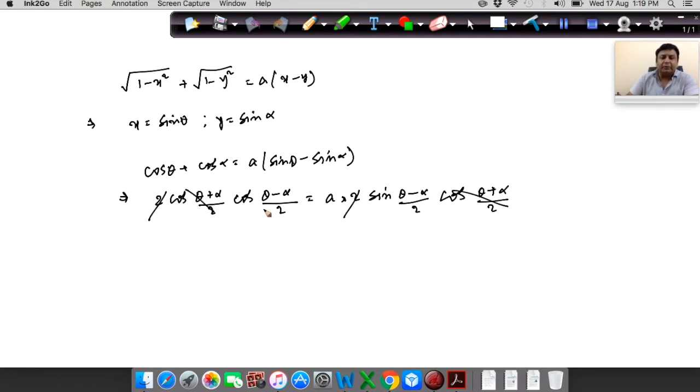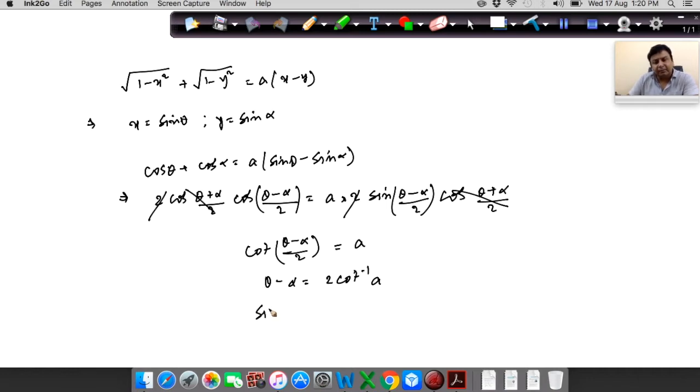So what I am left with is cos by sine, cot, understood, cos of the whole angle upon sine of the whole angle. So you get cot of theta minus alpha by 2, which is equals to a. So theta minus alpha equals to 2 cot inverse a. But what is theta?